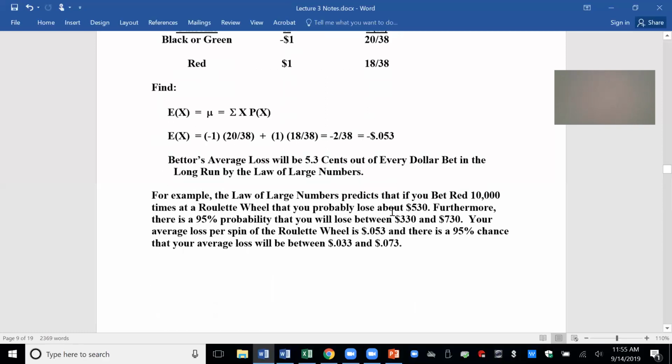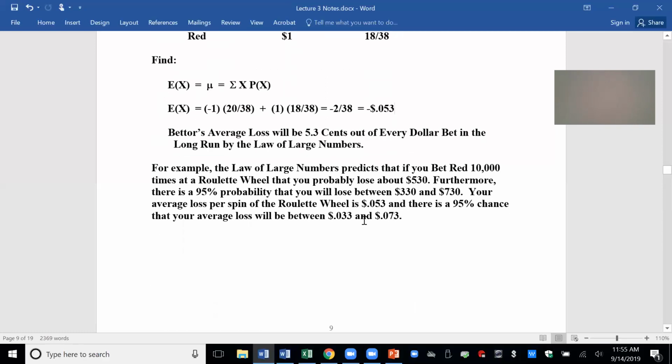And we can further make exact probability statements about this, as we will be able to do in the second half of the course. By the law of large numbers, we are guaranteed with 95% certainty that you're going to lose somewhere between 3.3 cents and 7.3 cents per play, or $330 to $730 if you bet on roulette 10,000 times.